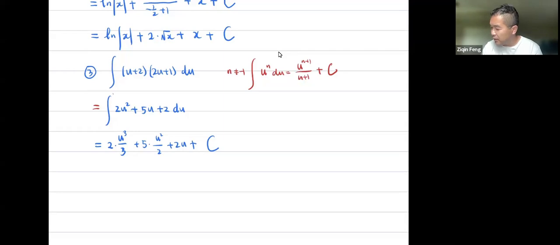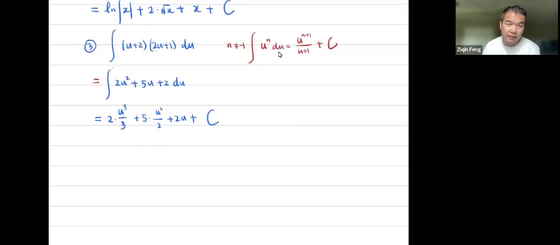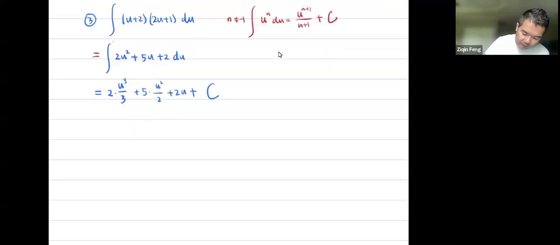So let's see. Because if you know the antiderivative, you know how to calculate definite integrals, right? So let's see an example of definite integrals.